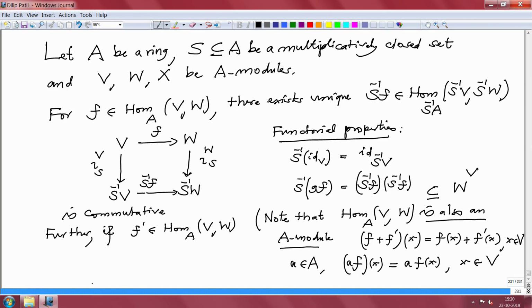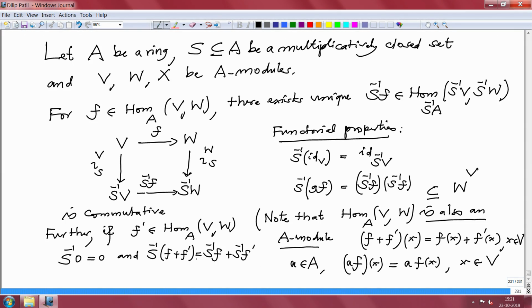Anyway, so this is also a module, and now the question is what happens to the sum of these homomorphisms when you apply S inverse. First of all, the 0 map, the constant map 0, is also a homomorphism. So, S inverse of 0 is 0, that is one. And if I have another homomorphism f prime, and if I take S inverse of f plus f prime, that is equal to S inverse f plus S inverse f prime.